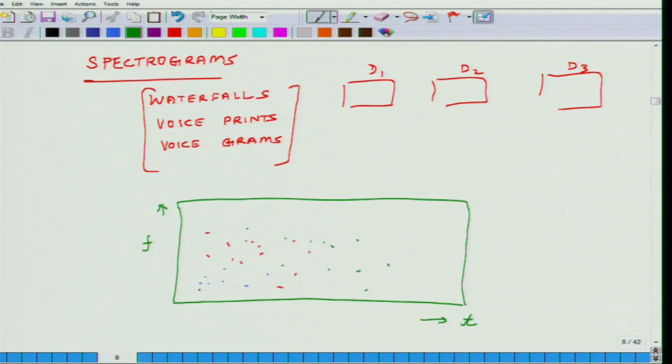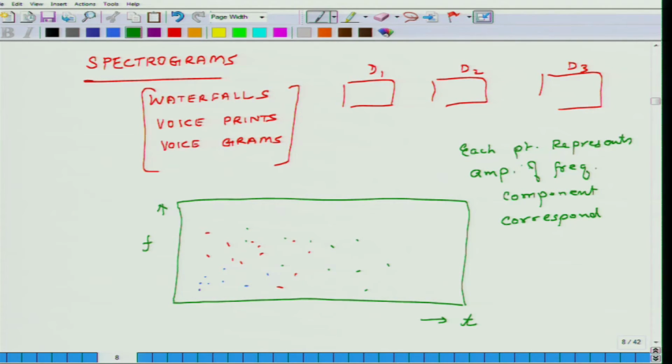You plot all sorts of points, but each point represents the amplitude of the frequency component corresponding to time t.